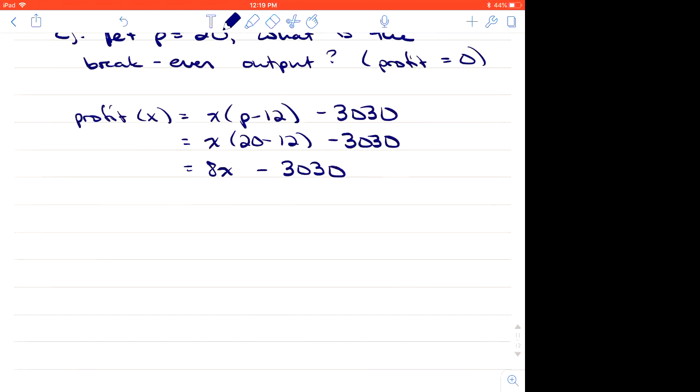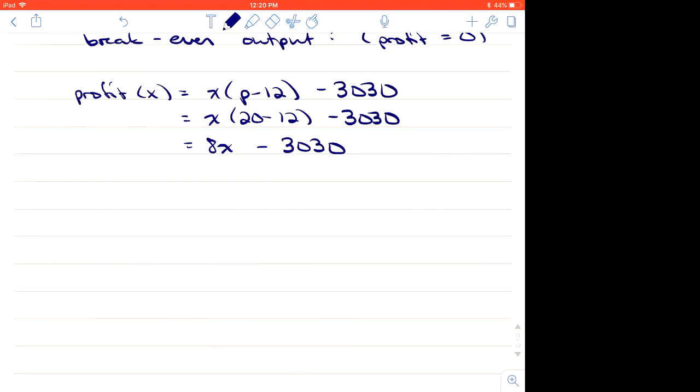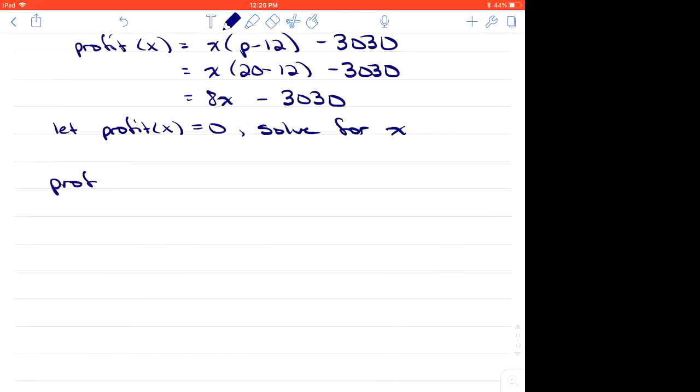So when P is 20, this is our new profit function, 8x minus 30. Let profit of X be 0 and solve for X. We want to find what value of X is that turning point between negative and positive profit. So I'm going to force profit of X to be 0, which is 8x minus 30.